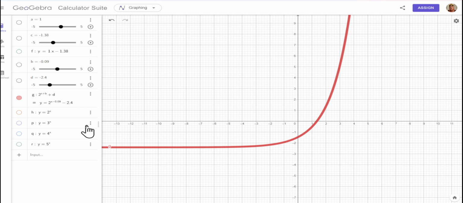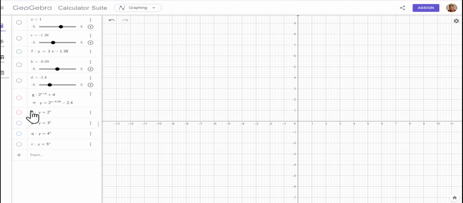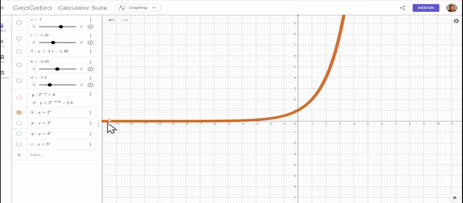Okay, what happens when we change the base number? Well, it does something quite interesting. This is y equals 2 to the power of x. It goes down here and gets closer and closer and closer to the x-axis. If I zoomed in, it's not going to quite ever touch that x-axis.